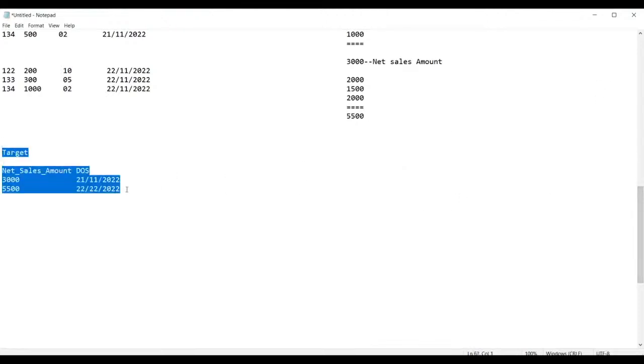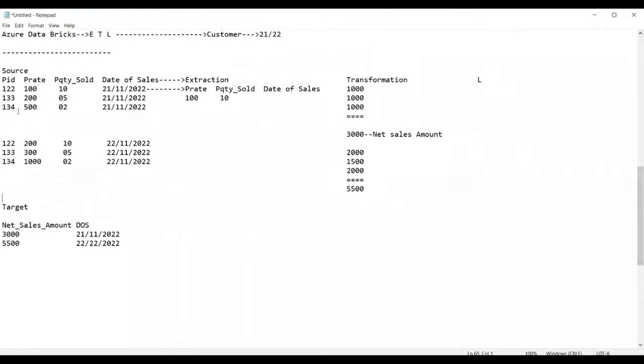Now, can you see here? This entire thing, what have we done? We have transformed this much data. This data of two tables I have transformed into one table in a summarized manner. So this data you can report to the customer, stating that this is the difference of sales between the 21st and 22nd day of November 2022. Am I right, guys?